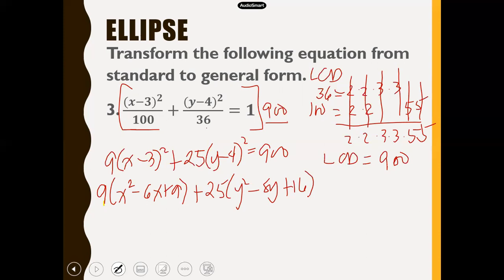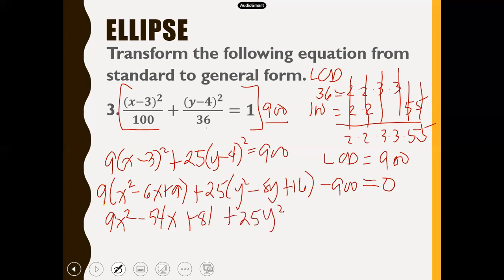Then lipat natin minus 900 equal to 0. So simplify natin all the terms. 9x squared minus 54x plus 81 plus 25y squared minus 200y plus 400 minus 900 equal to 0.